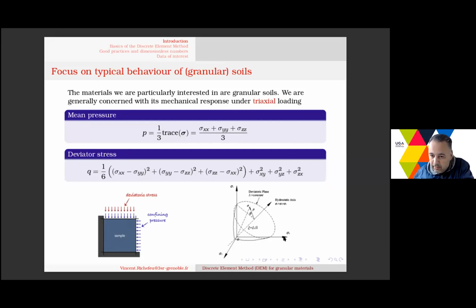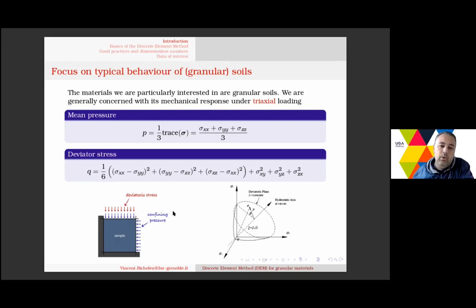But we may illustrate it like this. If we consider the three components of the principal stress, the pressure is along the hydrostatic axis. The deviatoric plane is normal to this axis, and the distance of the current stress state from the hydrostatic axis is the deviatoric stress.